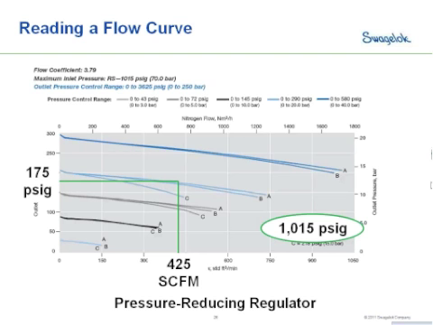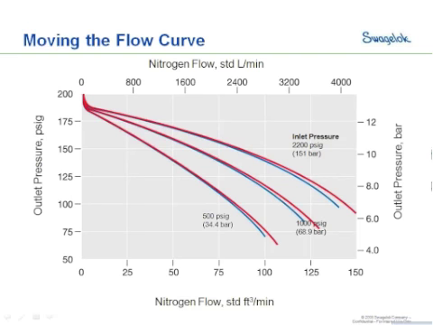Now this is all very easy if we find a point that is exactly on our flow curve. But what happens if our application is not on the flow curve for the regulator that we think would work for the system? When that happens, we can actually move and interpolate along the flow curve.